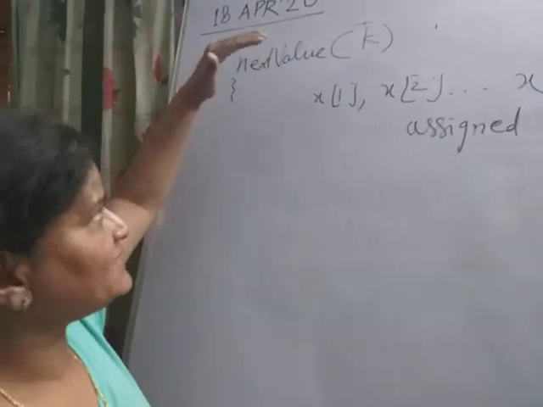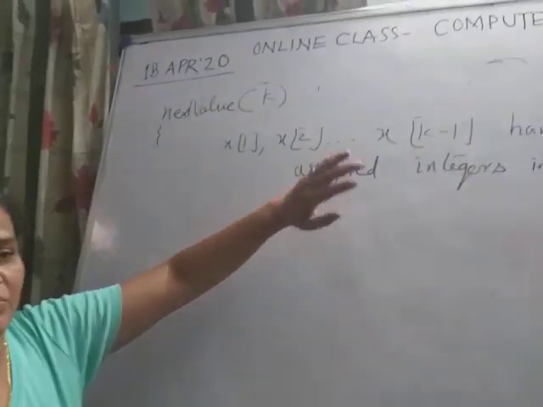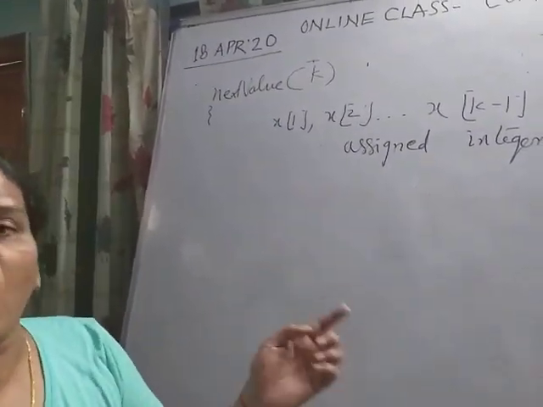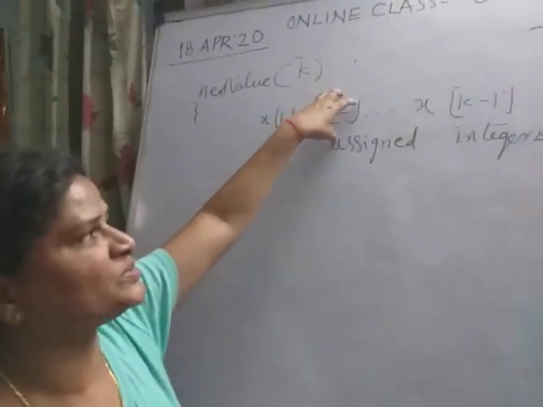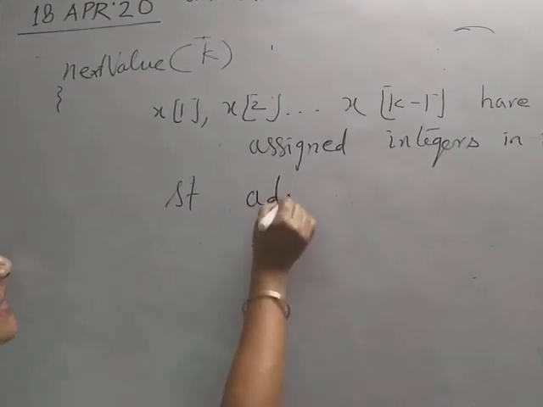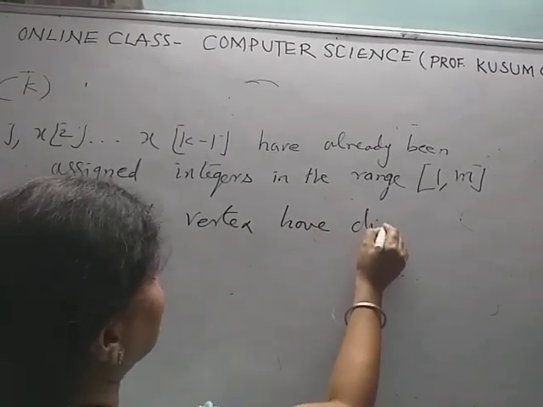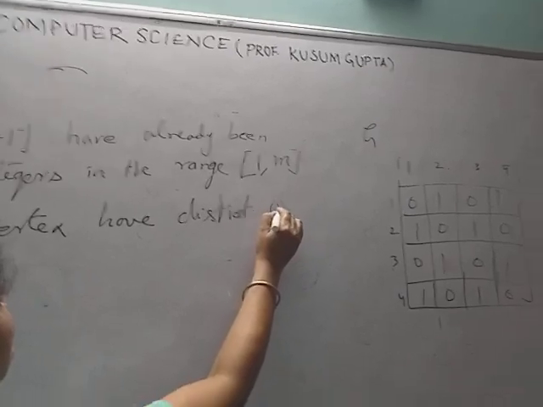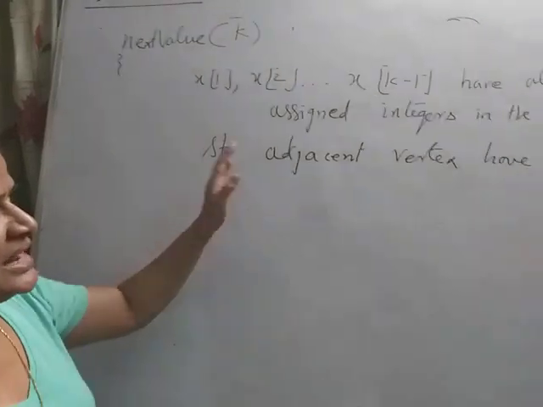What does it mean? As we are calling this function for the kth vertex, it means that vertices 1 to k minus 1 have already been colored. x1 gives the color of the first vertex, x2 gives the second, and so on, assigned integers in the range 1 to m such that adjacent vertices have distinct integers, meaning no two adjacent vertices have the same color.